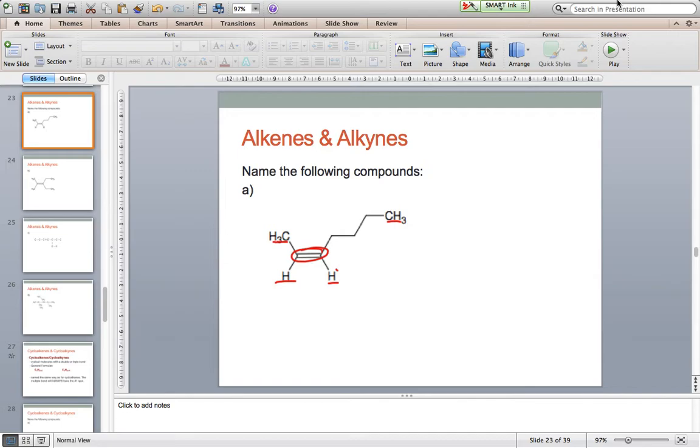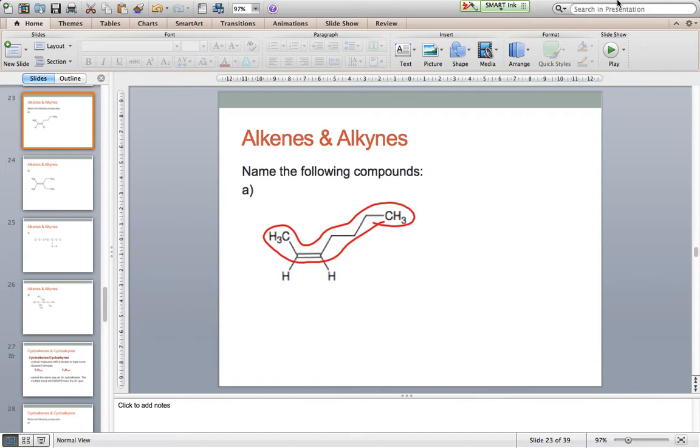You will never have a double bond in a branch. So our parent chain must contain that double bond. What's the longest continuous chain of carbons that we can make? Well, it's actually the only chain of carbons that's here. And this is going to be a little bit more simple than perhaps it looks right now. So we've identified our parent chain.